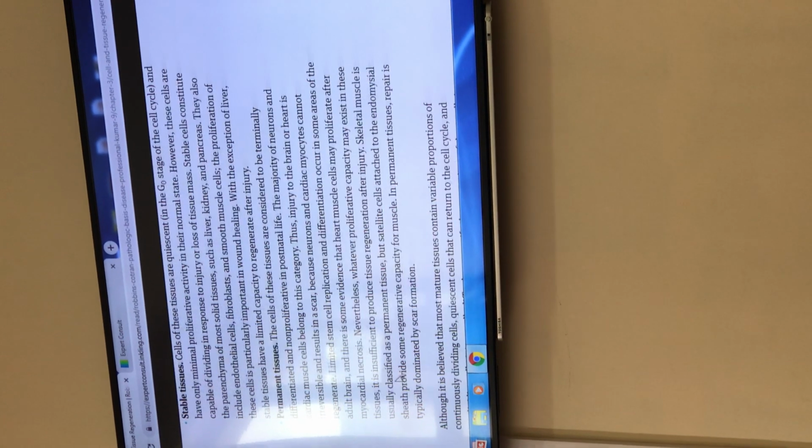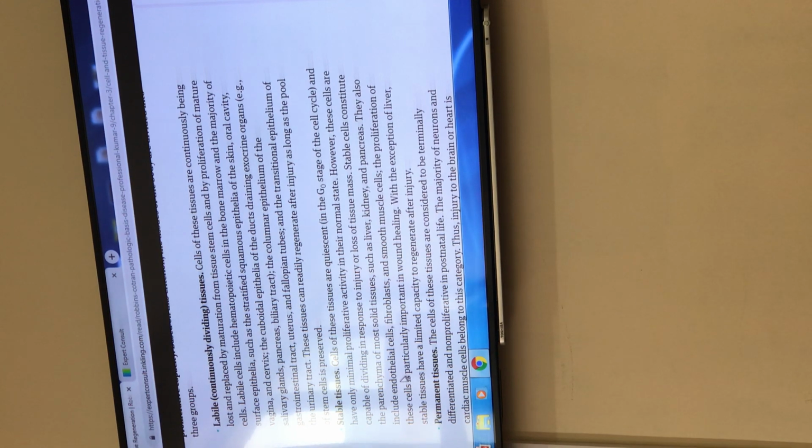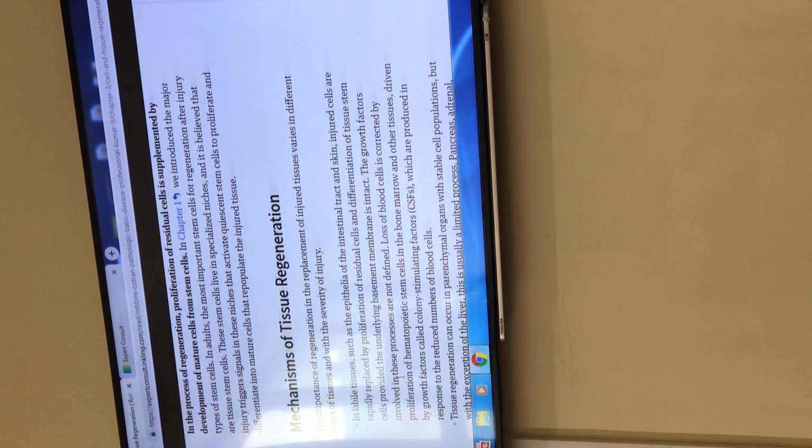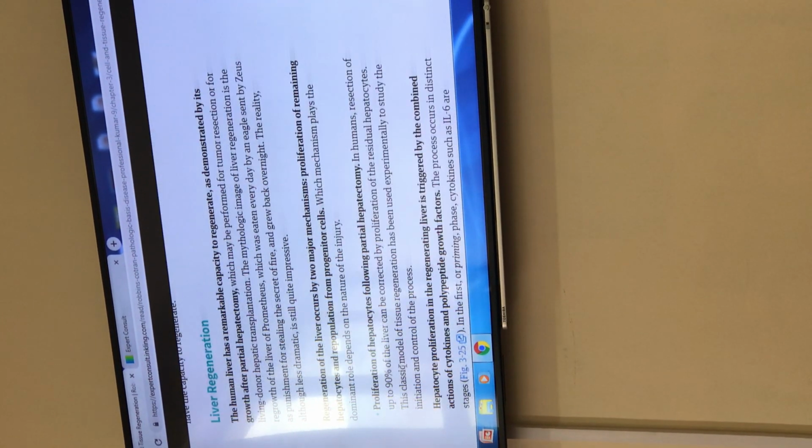I explained the different types of cells: permanent, labile, and stable. Labile are those that are in G1 phase, and stable, G0 phase, can change to G1 when they are injured. And what happens in regeneration?